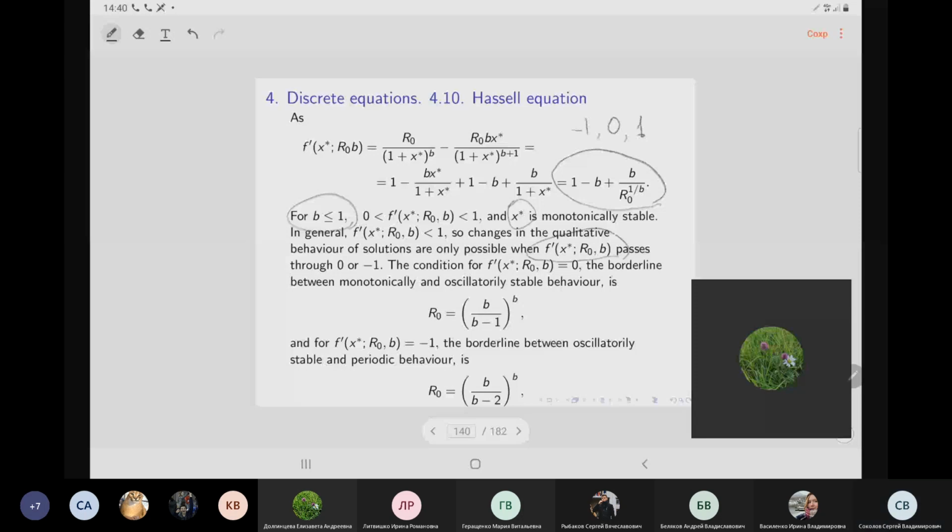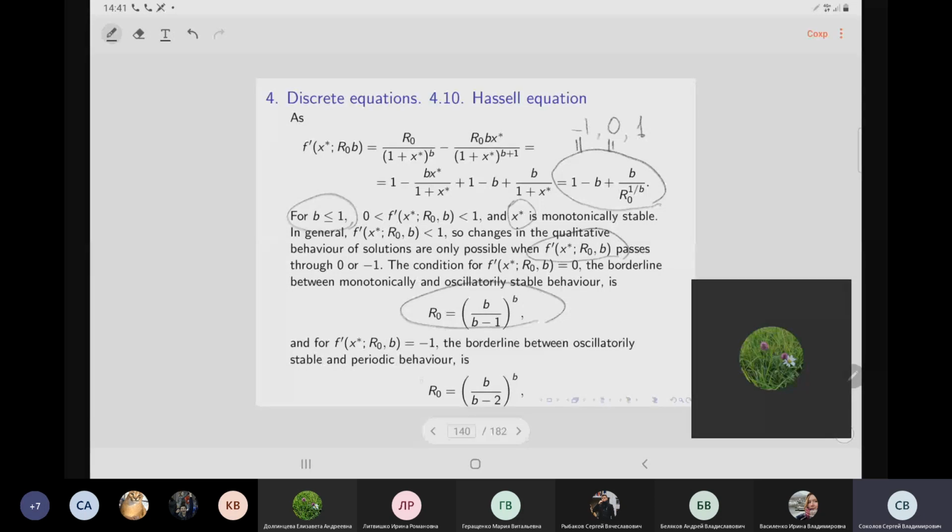So we can compare f prime with 0, and we can compare it with -1, and we see two borderlines. The curve defined by this statement is the borderline between monotonically and oscillatory stable behavior, so the sign is changed from positive to negative.